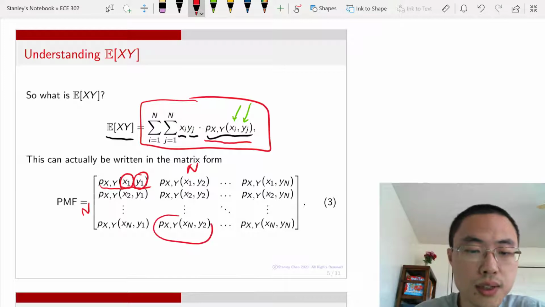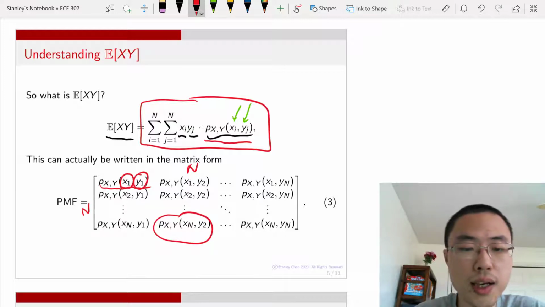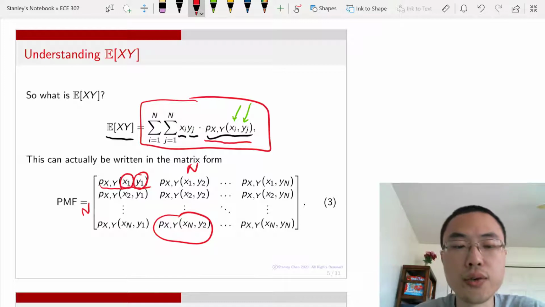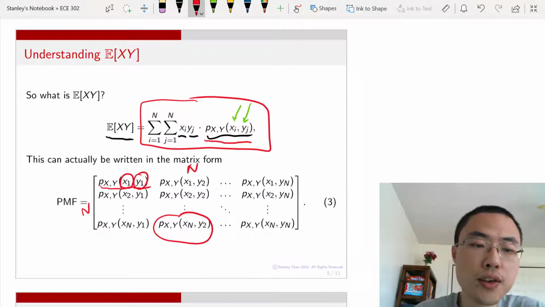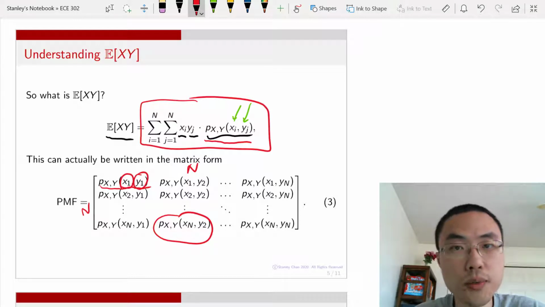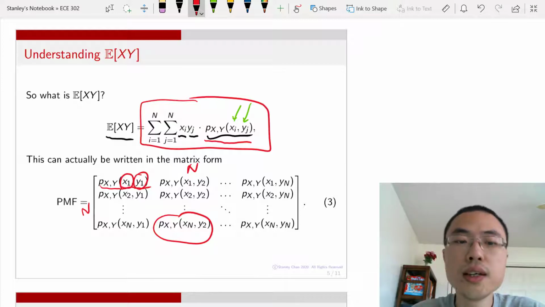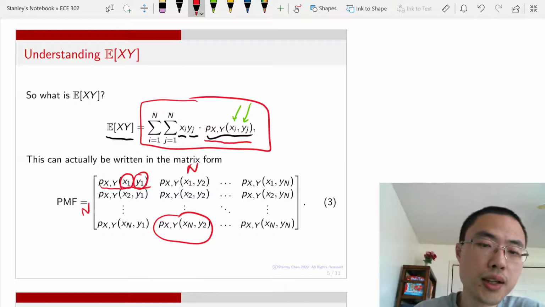This gives you a matrix representation of all the possible values of your PMF. All right, so far so good. Now let us understand how you can handle this summation.